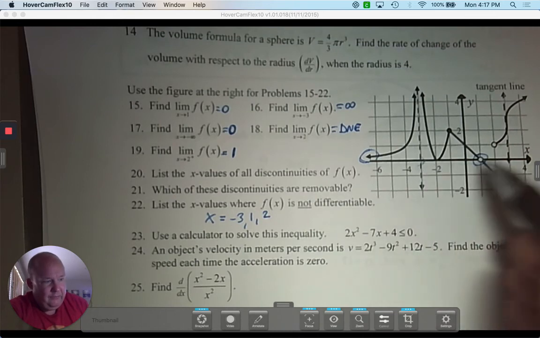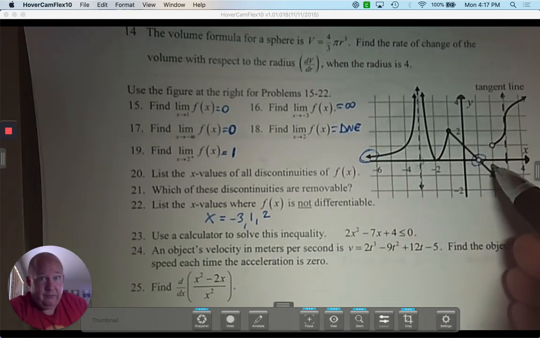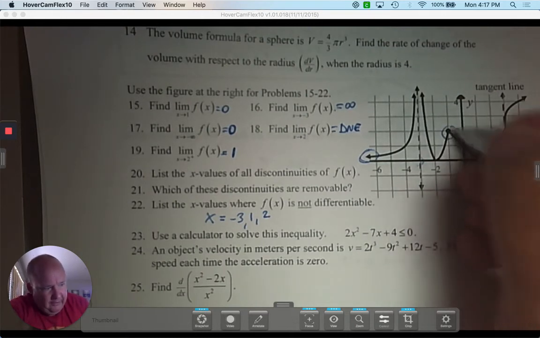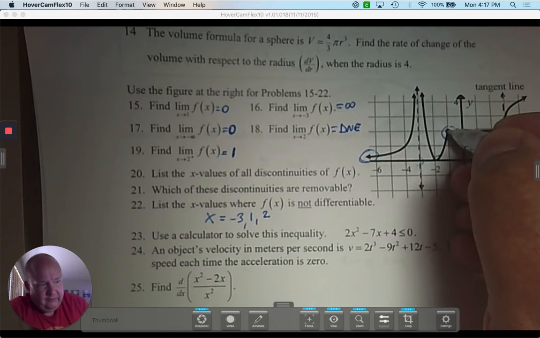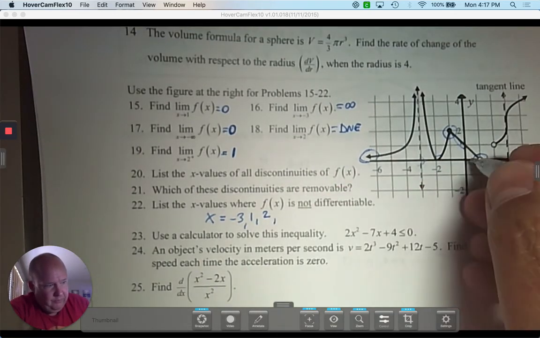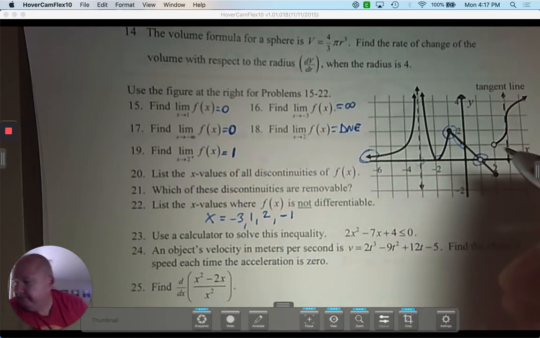Where else would the derivative not exist? If you look right here, it's at that cusp. So even though it's continuous, the derivative on the left does not match the one on the right. And so if you see a corner or a cusp, that's also a place where it doesn't exist. So that's at -1. Let's see if I got them all.